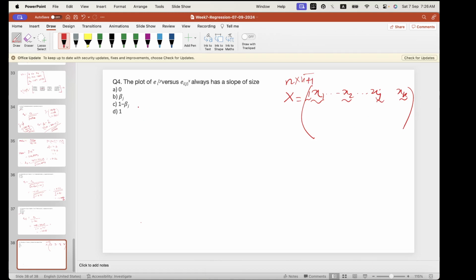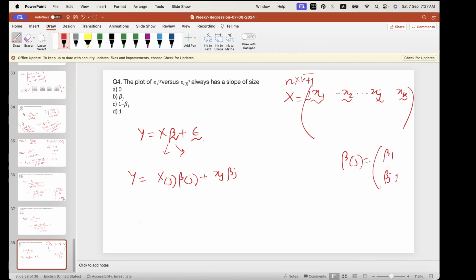Now if we have this model, y equal to X beta plus epsilon, then we can decompose this and write it as y equal to xj beta j plus X_j beta_j, where beta_j is beta 1 to beta j minus 1, beta j plus 1 to beta k, beta naught.